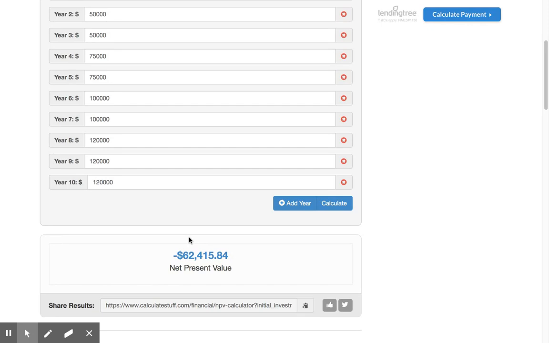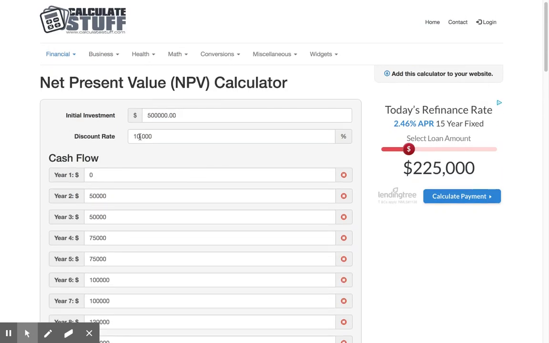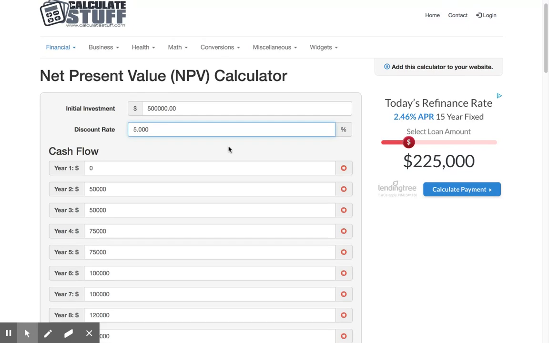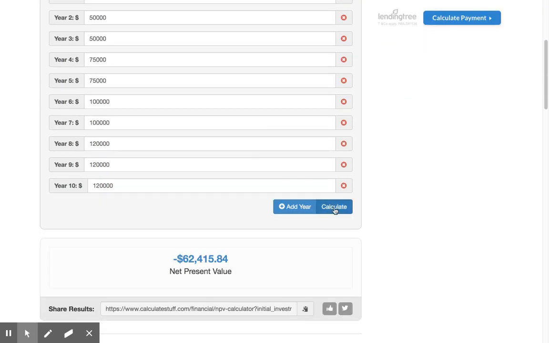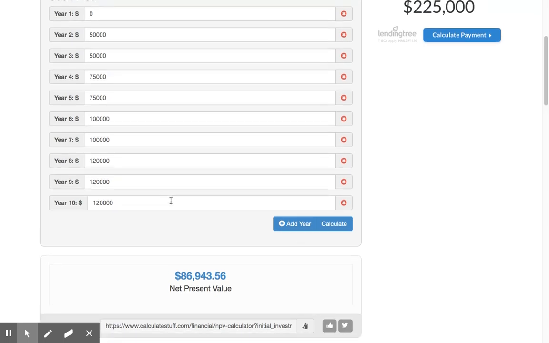So look at number 2. It says calculate the NPV with the above numbers except for, let's use 5%. So if the expectation is just a 5% return, whoa, so 86,943 to the good.